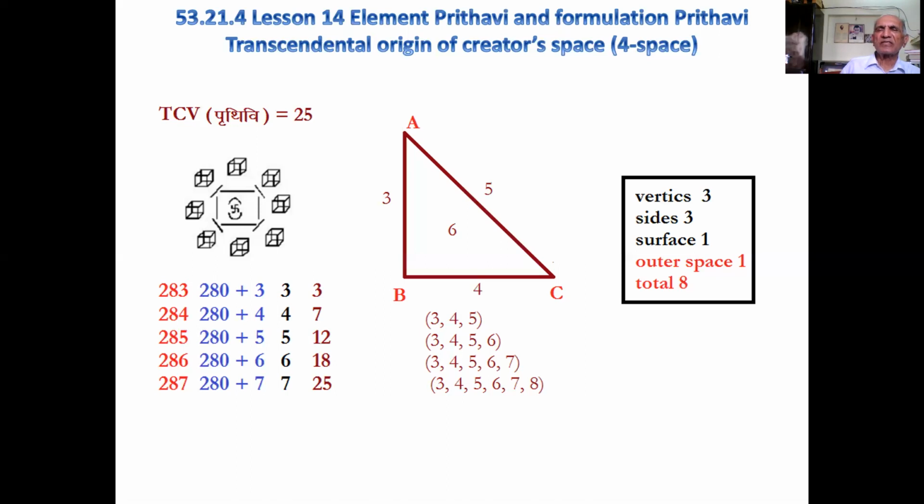It is having one surface of 6 units. Inside these three sides, the surface within the frame of these three sides of the triangle makes a distinct constituent, and the outer space, the surface outside this triangle, is the independent component, and that way the total components come to be 8. This value 3, 4, 5, 6, 7, 8 is a 6 steps long range. It is self-referral range. It is of value 33.